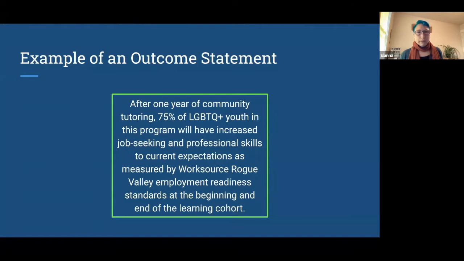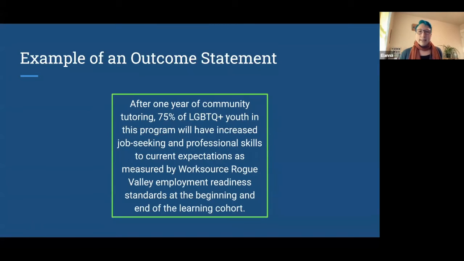So one example of an outcome statement that has all of that information included is, after 1 year of community tutoring, 75% of LGBTQ plus youth in this program will have increased job seeking and professional skills to current expectations as measured by WorkSource Rogue Valley employment readiness standards at the beginning and the end of the learning cohort.